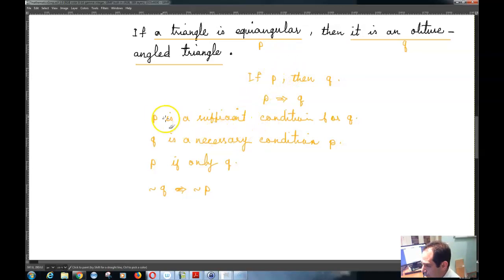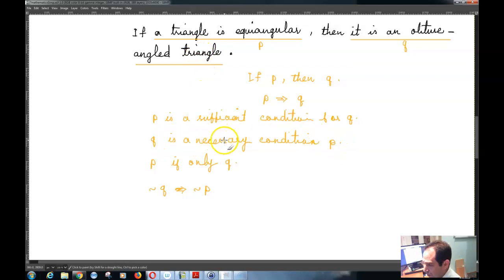So what that means is that P is a sufficient condition for Q. That means if you know that the triangle is equiangular, it's sufficient to conclude that the triangle is an obtuse angle triangle.